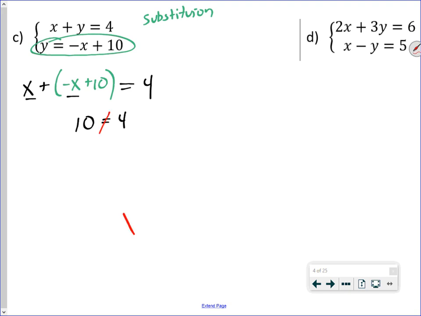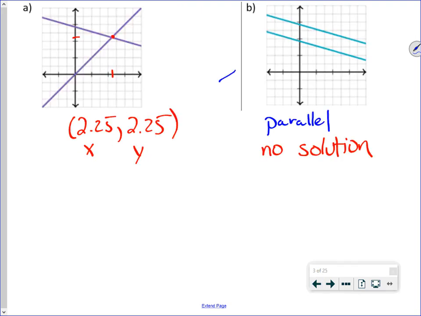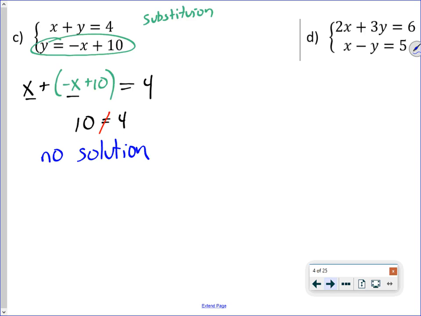That is not a true statement. Whenever you get an untrue statement and all the variables have gone away, that means there is no solution. And if you were to graph these two lines, they would look like the example here in B. Not exactly like that, but they would be parallel.